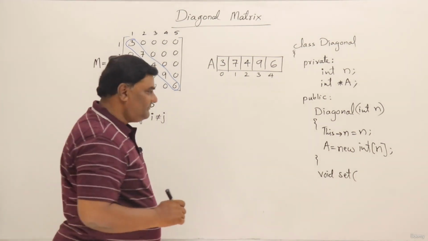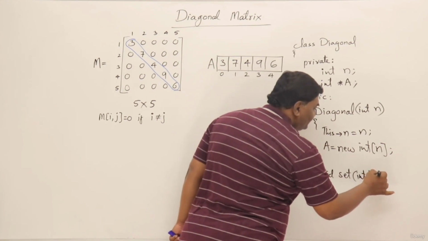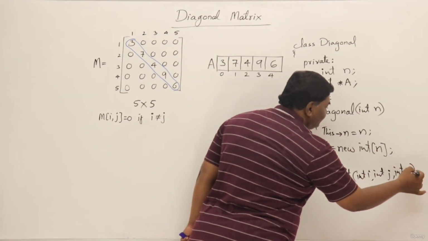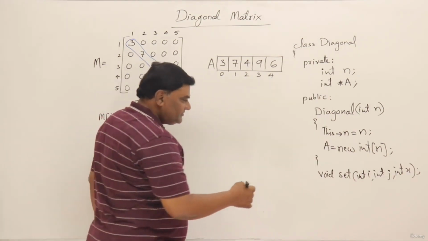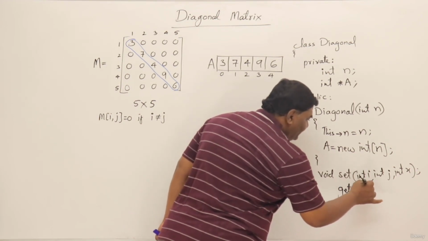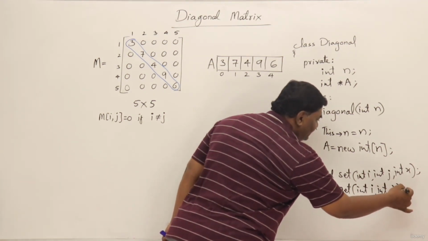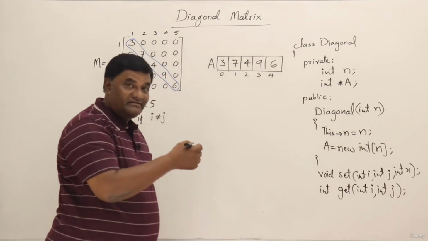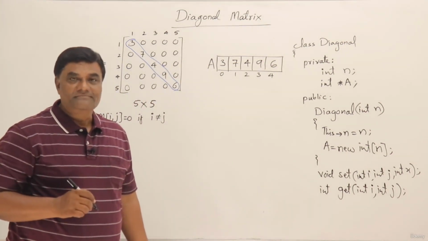So it needs 3 parameters: at which row and at which column, what is the element that you want to store, x. Then we need a function for retrieving the data. Let us call it get. It also needs the row number and column number from which you want to retrieve the data, and the return type should be integer because it's going to return the element at that row and column.